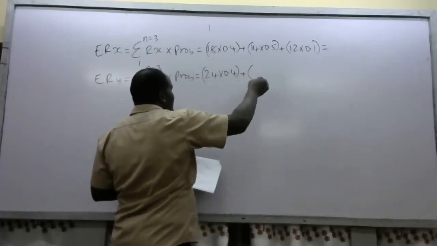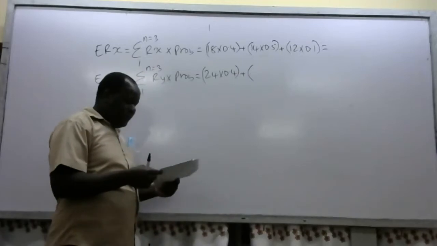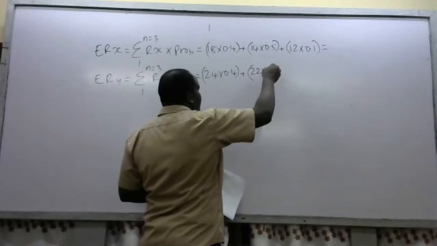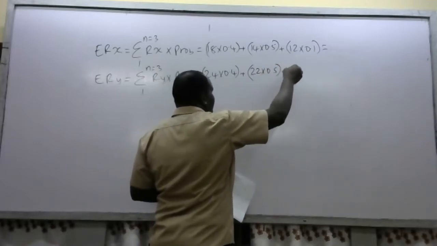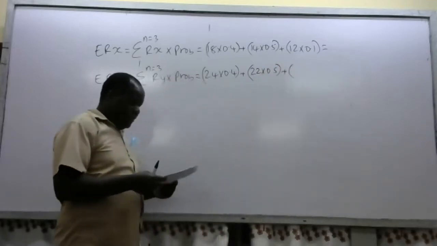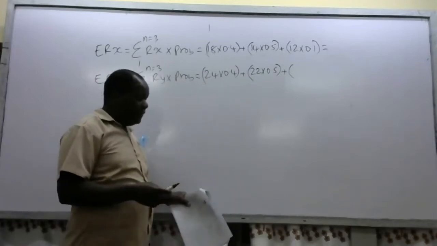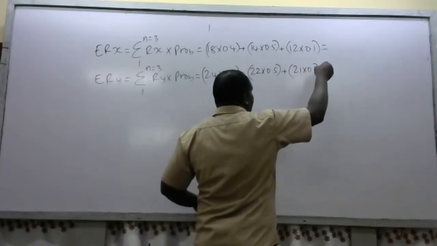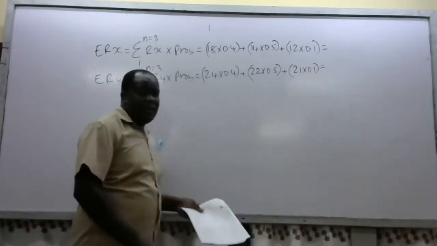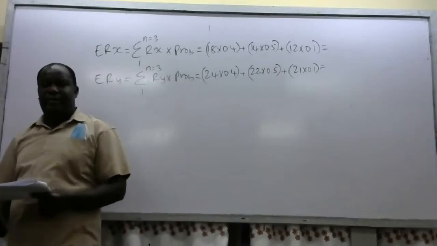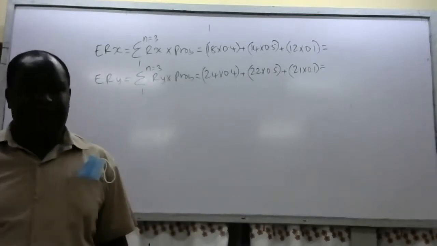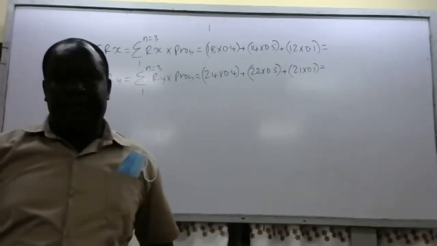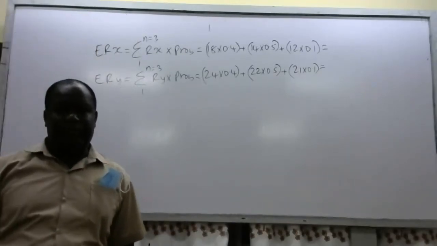Then we take 22 multiplied by 0.5. Then also take 21 and multiply by 0.1. That gives you the expected returns for each one of them.